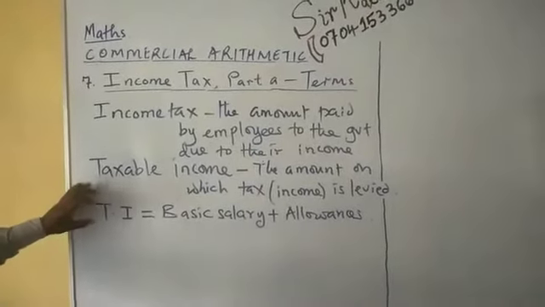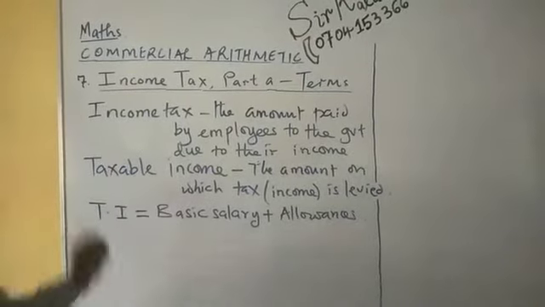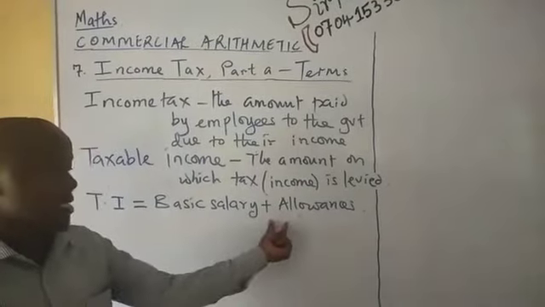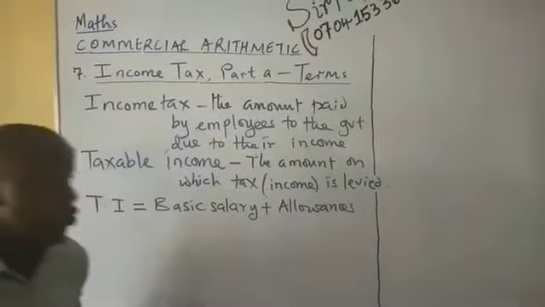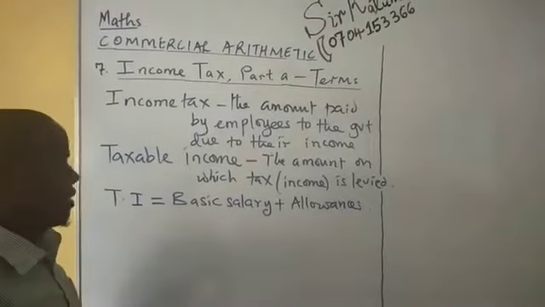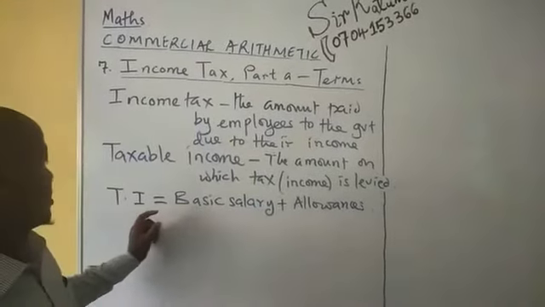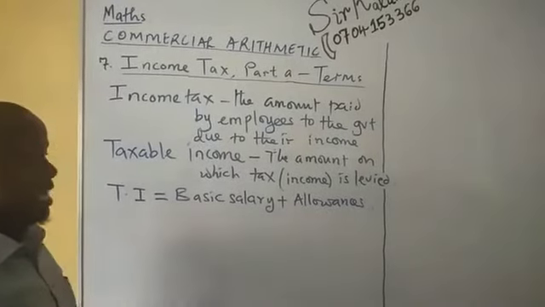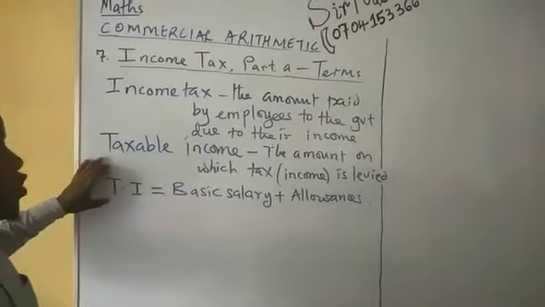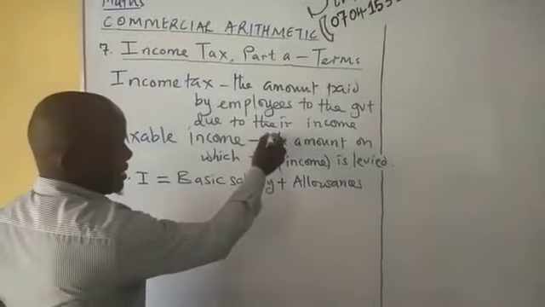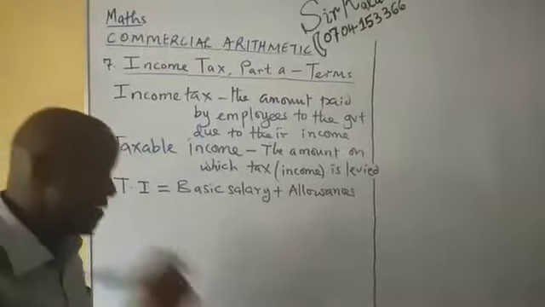Therefore, to get taxable income of a given individual, we take his or her basic salary plus all the allowances which are enjoyed by the given worker. Therefore, that is how we get the taxable income of a given individual. And that is the amount which is taxed, or the amount from which tax is levied.